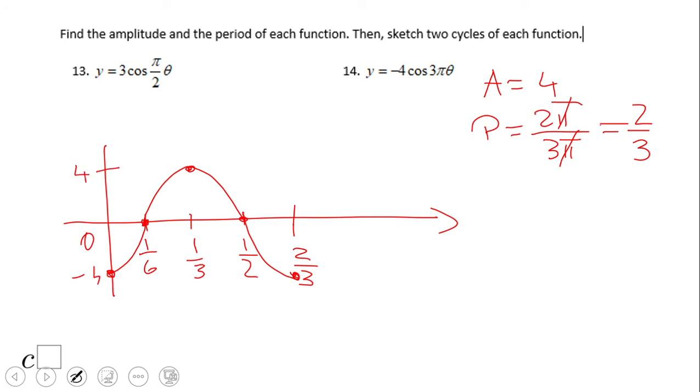If you have something like that for one period, for number 14, you did a wonderful job. You can double the things: 2/3 would be 4/3, and get another cycle.